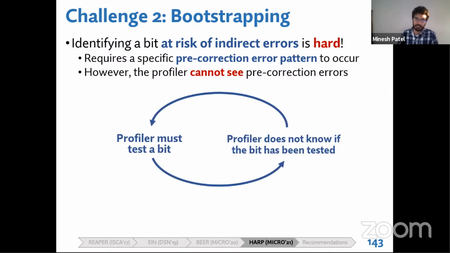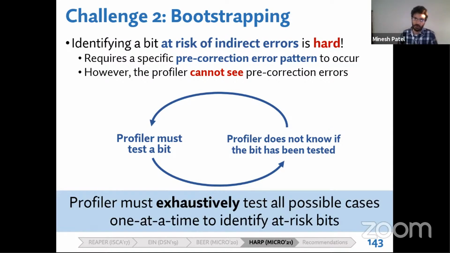And so this results in a vicious cycle where the profiler must test a bit, but it cannot know whether the bit has actually been tested, all because it does not know what's actually happening with the pre-correction errors. And so as a result, the profiler must exhaustively test all possible cases one at a time in order to identify at-risk bits, which, as you can imagine, is a very slow and laborious process. And we'll show in our evaluations that this results in very slow profiling.